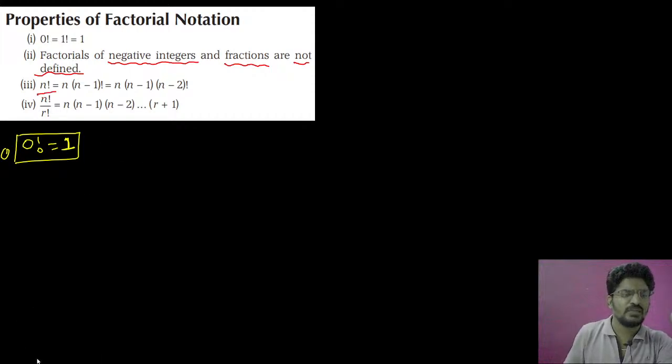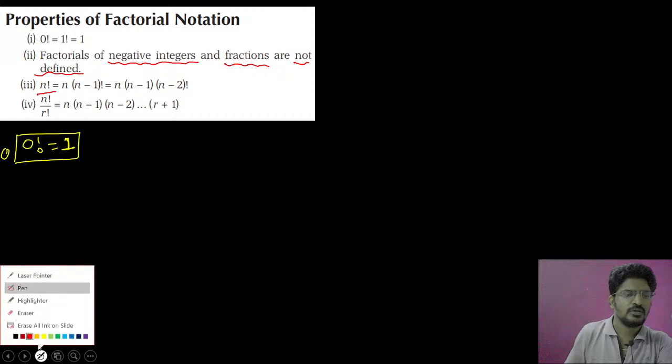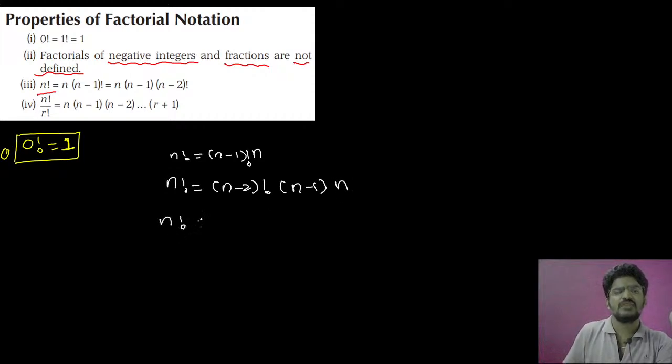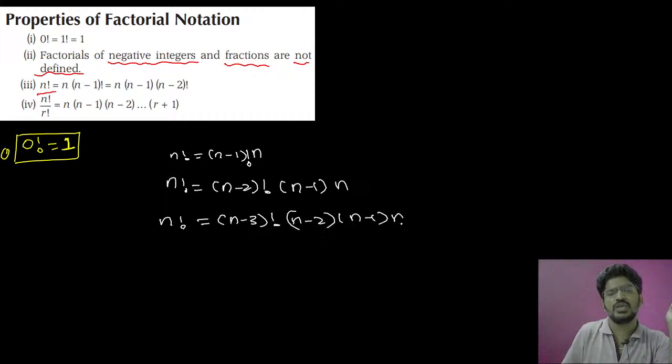And next, n factorial, you already know. N factorial can be written as n minus 1 factorial into n. Again the same n factorial can be written as n minus 2 factorial into n minus 1 into n. Again n factorial can be written as n minus 3 factorial into n minus 2 into n minus 1 into n.